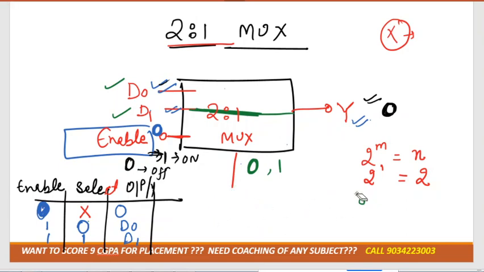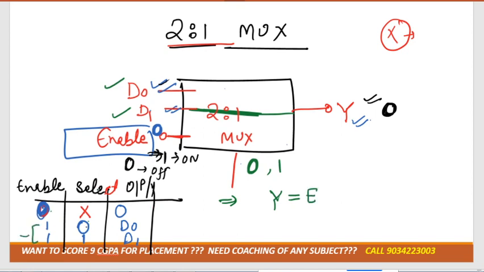Now we have to make an expression from the truth table. Y is equal to E for enable. For the first case, if the select line is 0, we mark it as S bar, and the output is D0. Plus, now we'll write the expression for the second case.